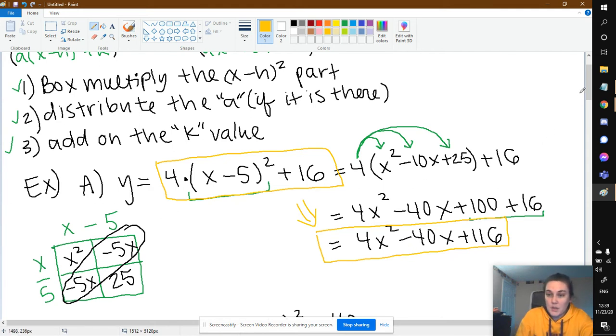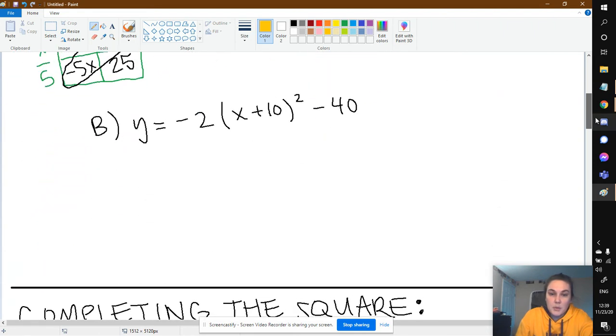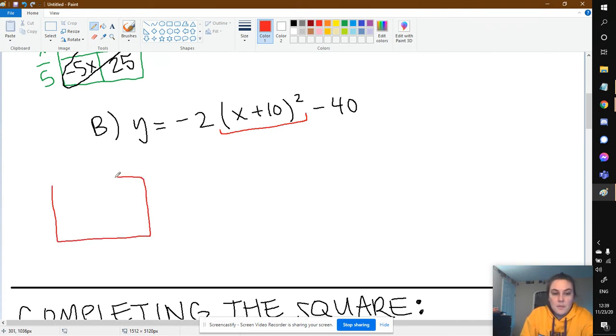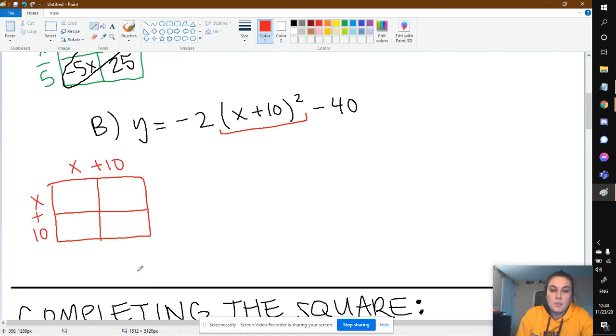All right, let's practice one more time before I let you loose and try it on your own. So first step, box multiply. When we're going from vertex to standard form, we are always going to have the same thing on the top of our box as we do on the side of our box.